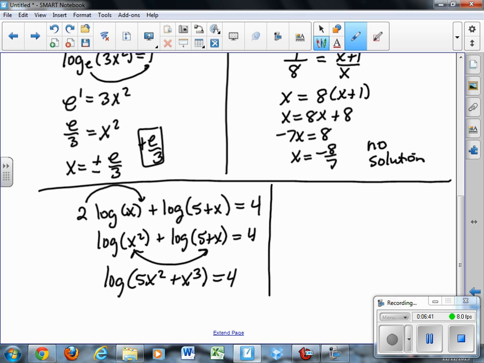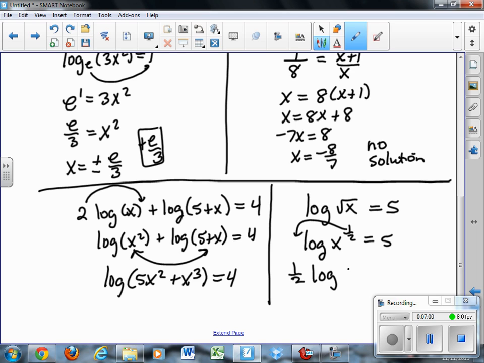Also, another little tip, if you have log of the square root of x equals 5, for example, this can also be written as log of x to the 1/2. And then the 1/2 can come out front if I want to. Now, you don't necessarily need to do that, but if it's helpful in a problem to rewrite it that way, you can do that.